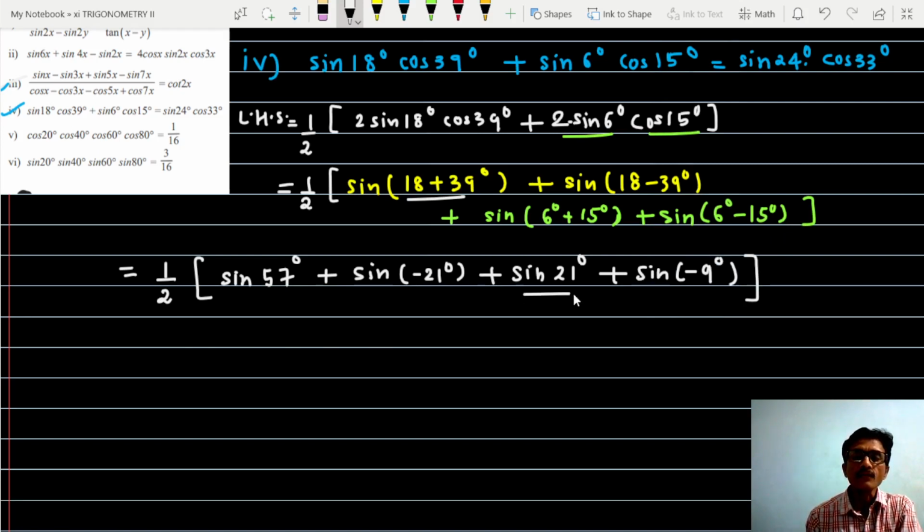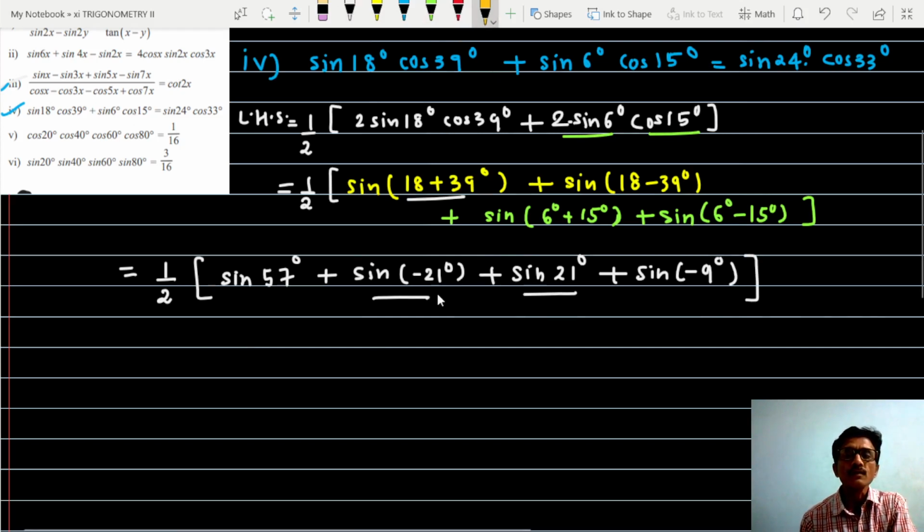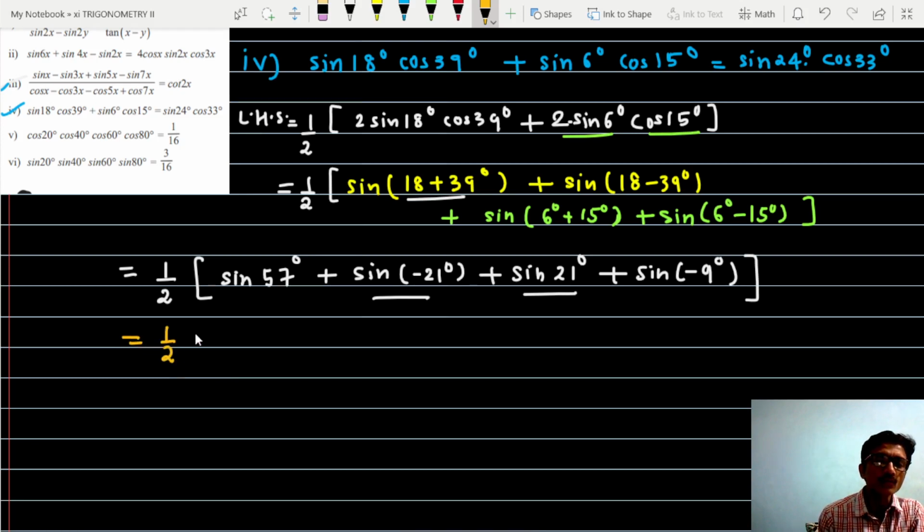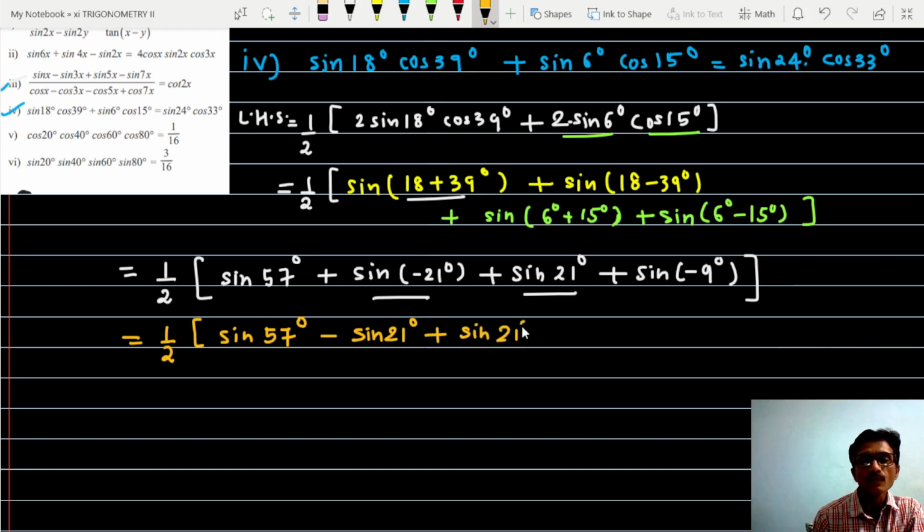Now this sine 21 degree and sine of minus 21 degree, you know sine of minus theta is equal to minus sine theta. So 1/2 into sine of 57 degree, this will be minus sine of 21 degree and plus sine of 21 degree, and this is minus sine of 9 degree.